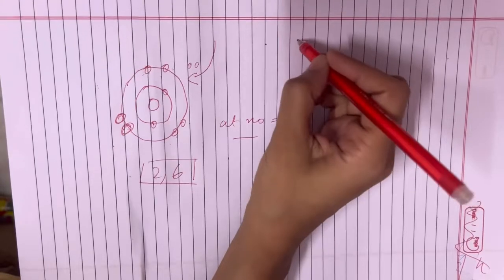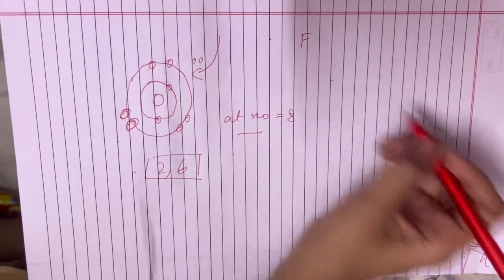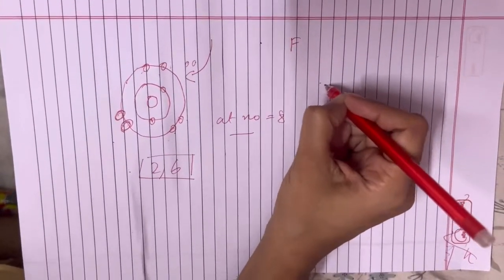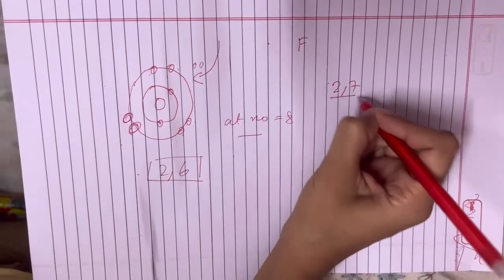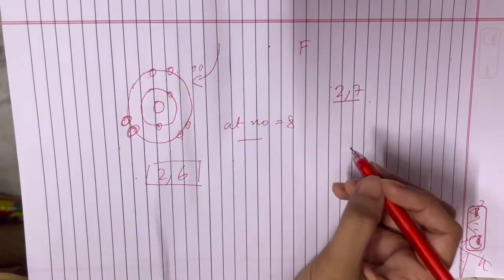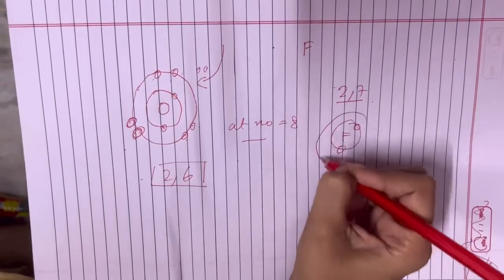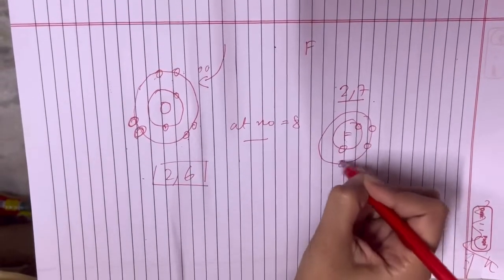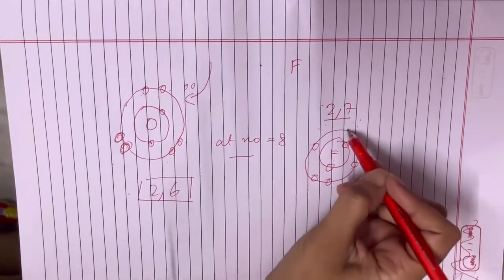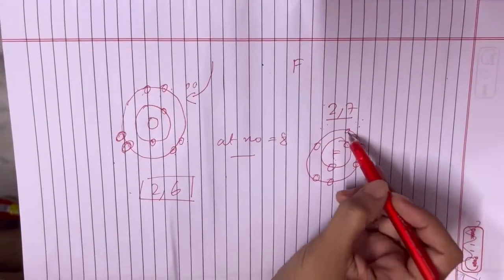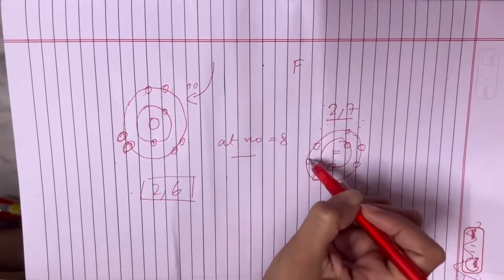Similarly, let's take the example of fluorine. Fluorine's electronic configuration is 2, 7, because its atomic number is 9. So let's draw the electronic configuration of fluorine. 1, 2, 3, 4, 5, 6, 7.